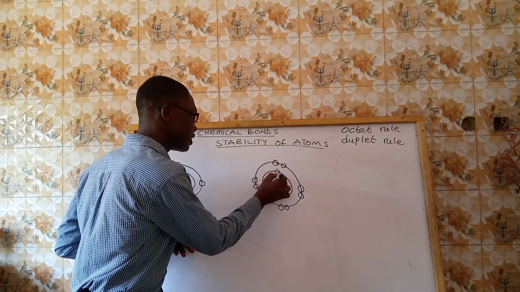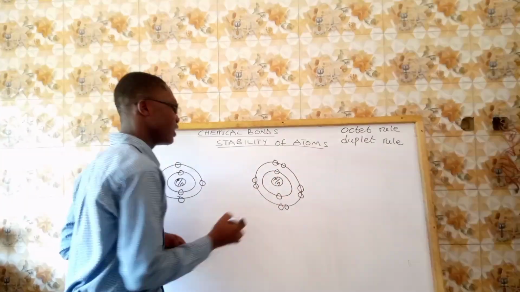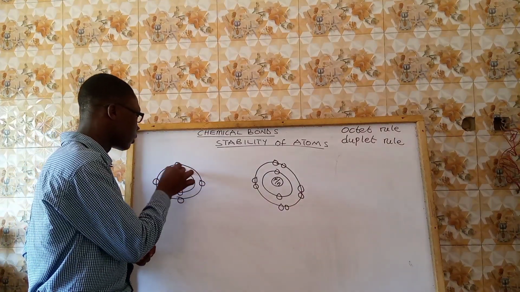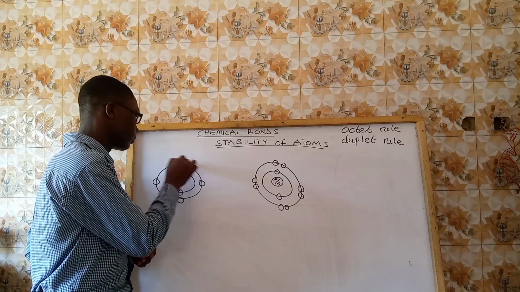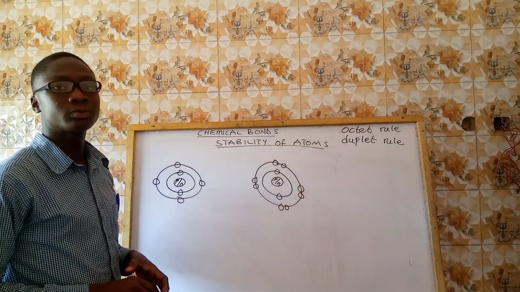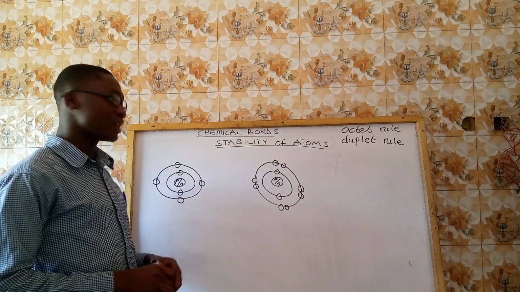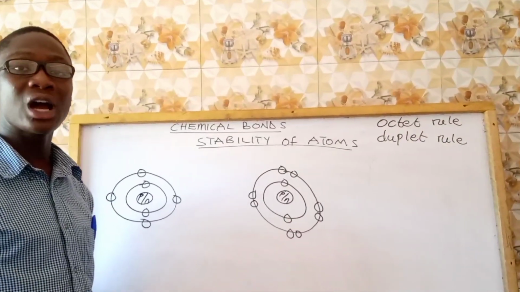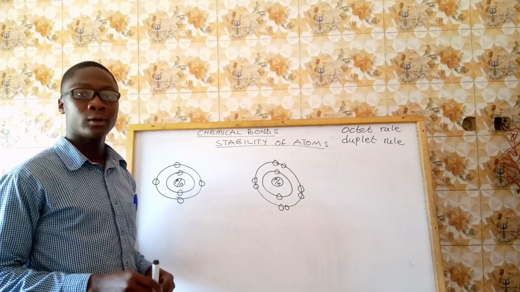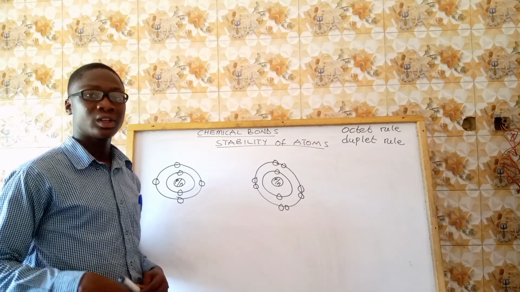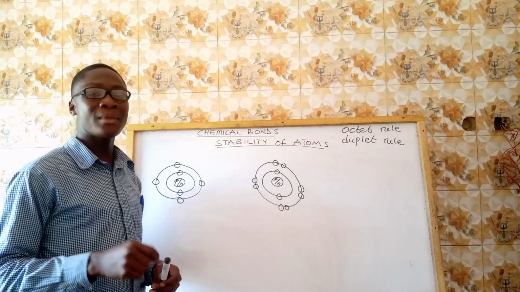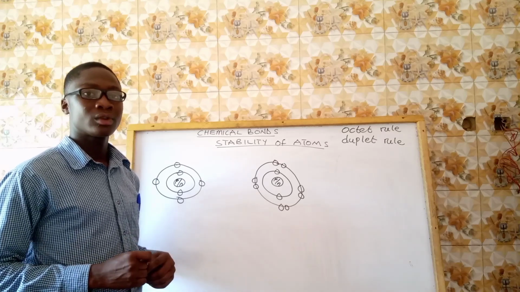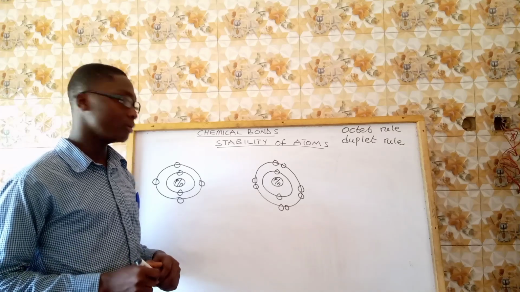And now we have the first shell and then the last shell. Since the shells are more than one, the rule that you have to follow is the octet rule. The last shell should have 8 electrons for that atom to be stable.